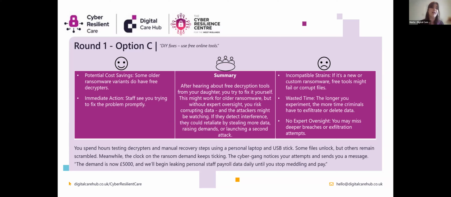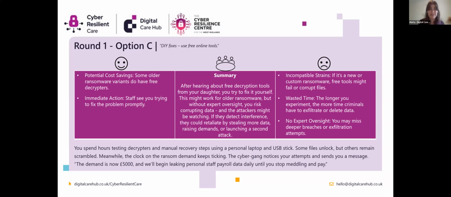So in summary, after hearing about free decryption tools from your daughter, in this situation, you try to fix it yourself. This might work for older ransomware, but without expert oversight, you risk corrupting data, and the attackers might be watching. If they detect interference, they could retaliate by stealing more data, raising demands, or launching a second attack.